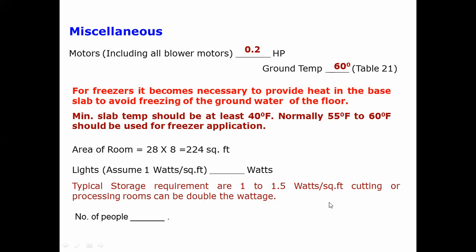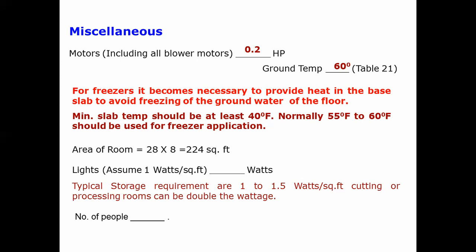So if there is some cutting or processing inside the cold storage room, you can even bring it to 2 to 3 watts per feet square. Typically it is 1 to 1.5 watts per feet square for lighting. If you want to give 1.5, it's up to you, but here I am assuming 1 watt per feet square.